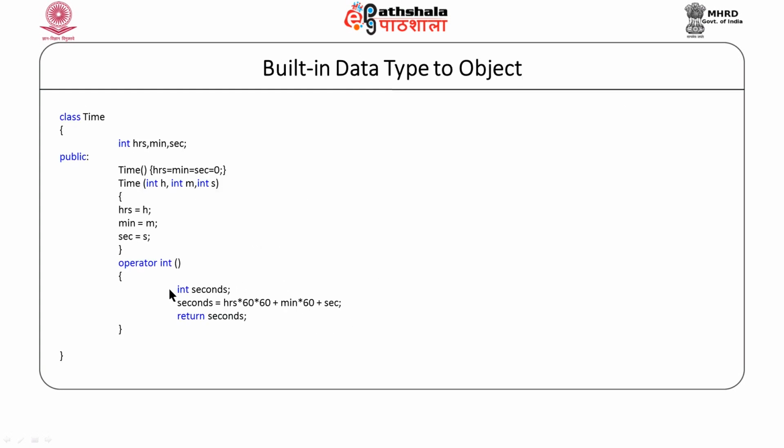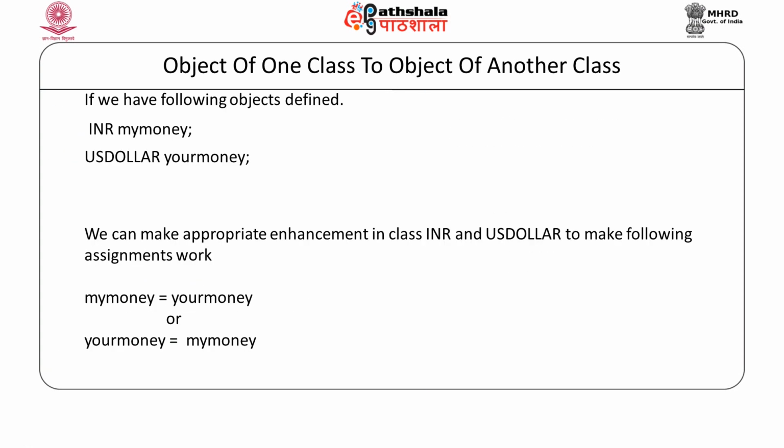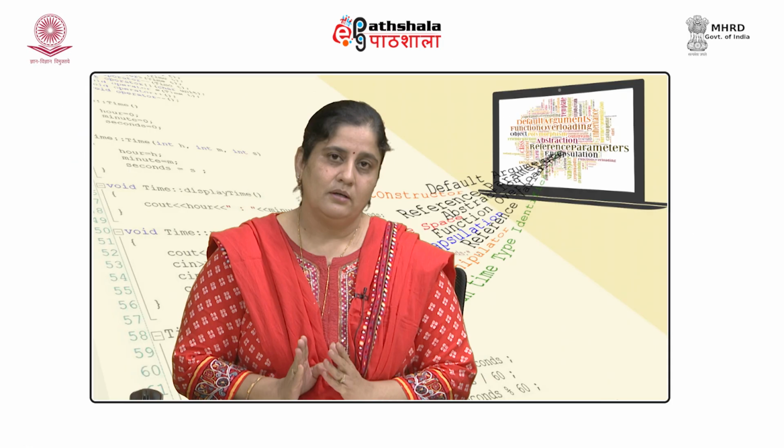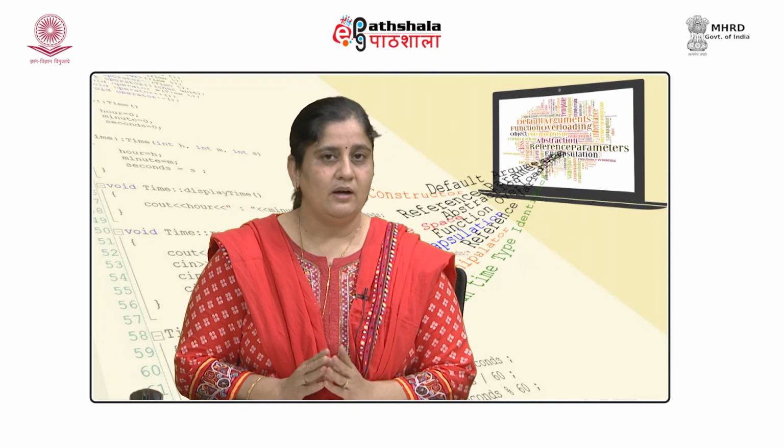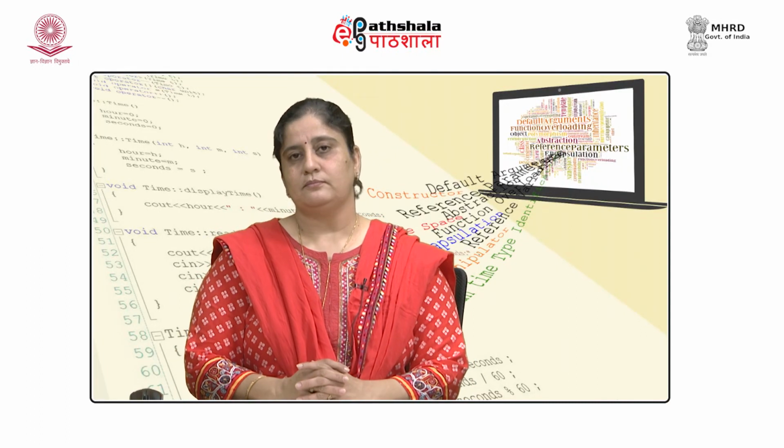If I want to convert my time object to float also, I may define another operator function and there I would say operator float. So, to convert an object to a built-in data type, we need to define an appropriate conversion function, or I can say an operator function.